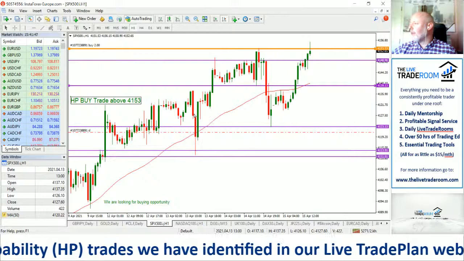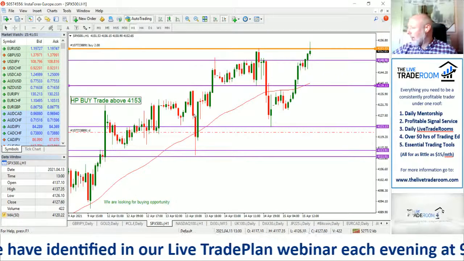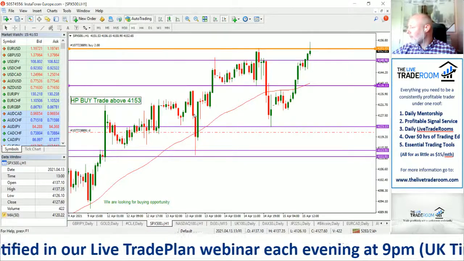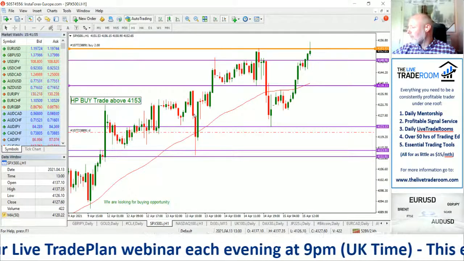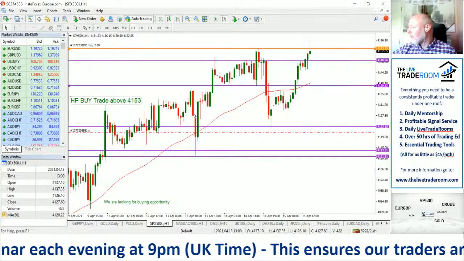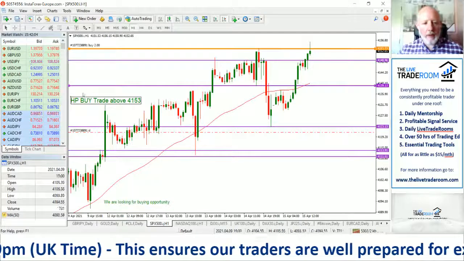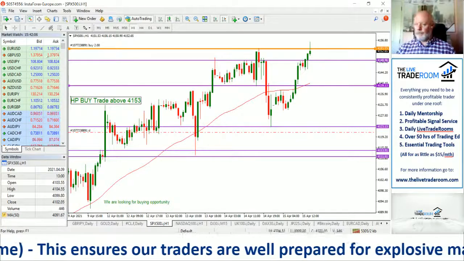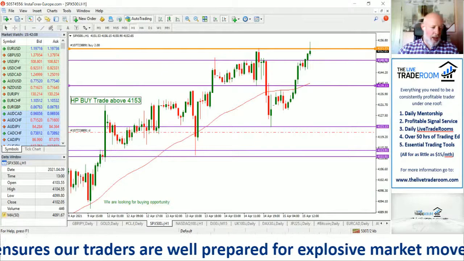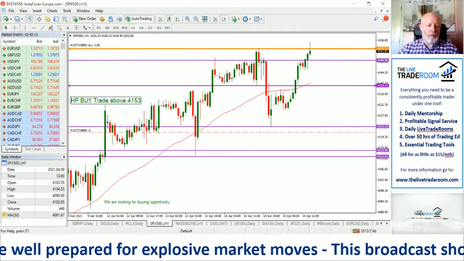Okay, so we're looking to get into the S&P 500 above that level, and we've got a stop loss below a technical low down here, so we're not going too tight with it.